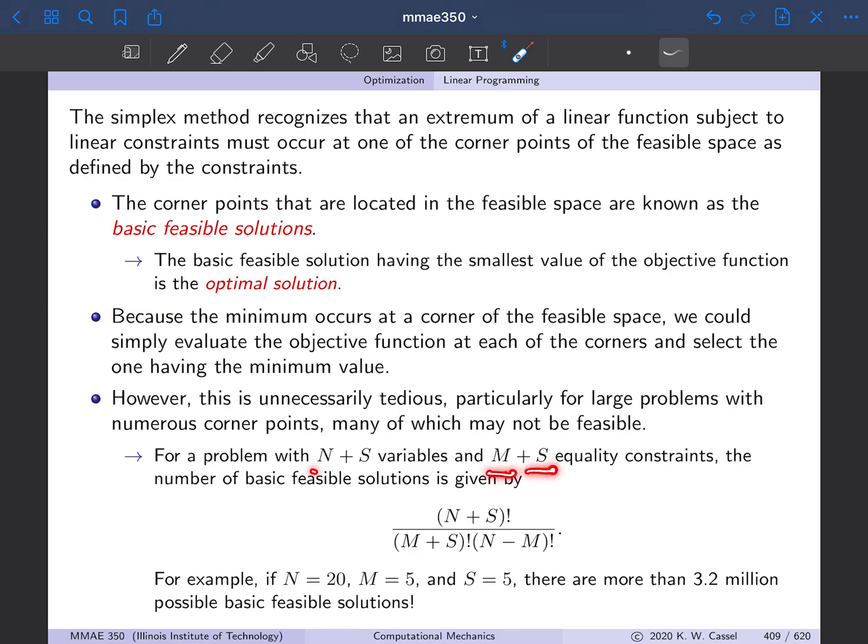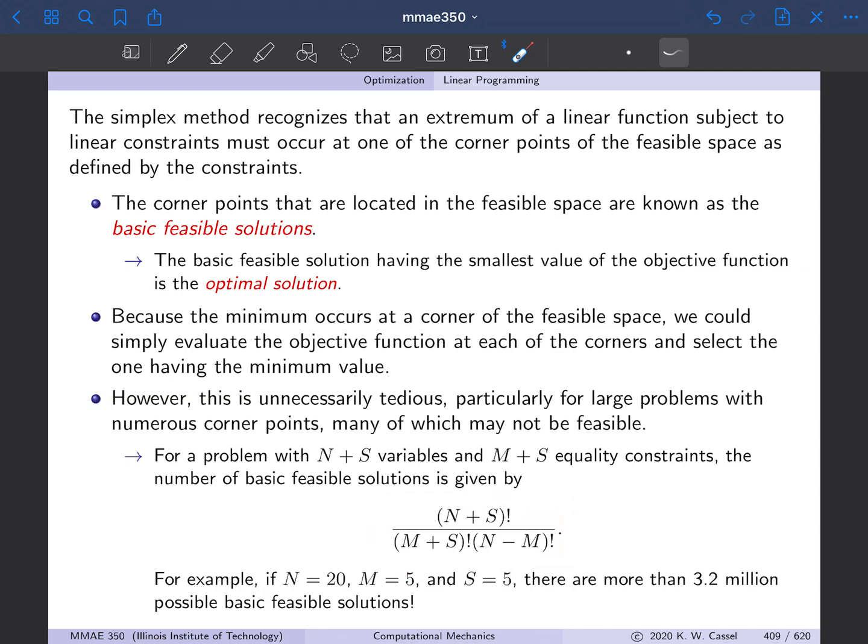So n plus s variables, m plus s equality constraints. If you just do the basic calculation to determine how many basic feasible solutions there are, so basically how many corners there are in the polygon, you get this number.